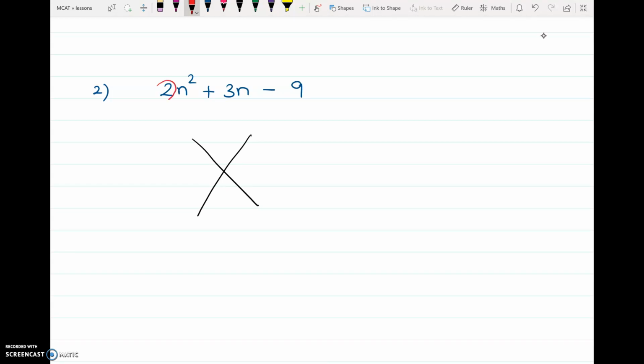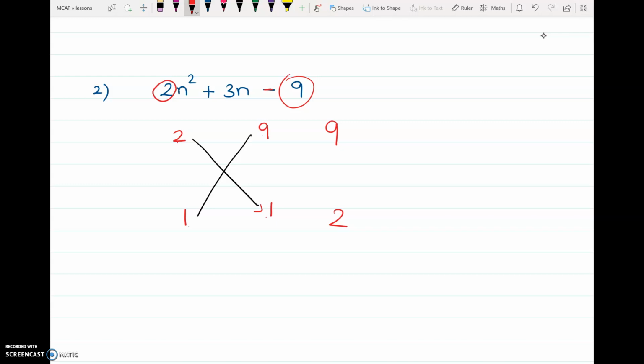Second step is to write the multiples of the coefficient of n squared, which is 2, so again 2 and 1, and write the multiples of 9, which will be 9 and 1. In this case, I'll start with 9 and 1. Now cross multiply. So 2 times 1 is 2, 1 times 9 is 9.